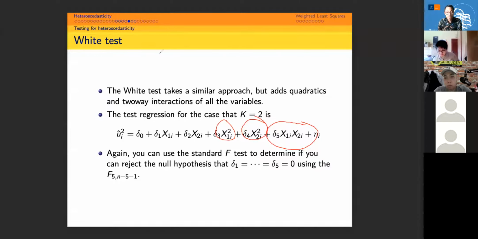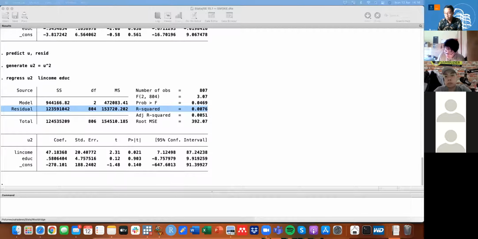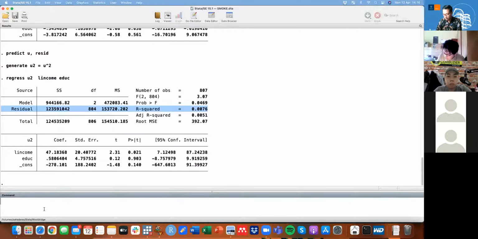So let's go back to Stata, and with Stata, let's identify how we can test the homoscedasticity assumption using the White test. Now, since we're going to regress the squared residuals on x1 and x2, but also on the squared x1, the squared x2, and the interaction variable, we need to generate the variables first.